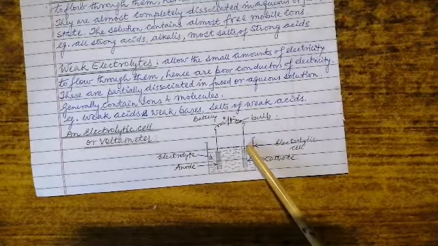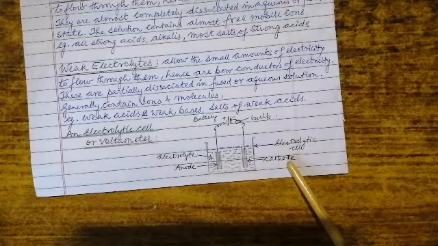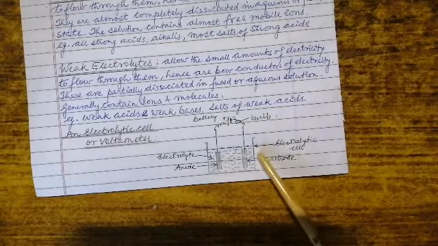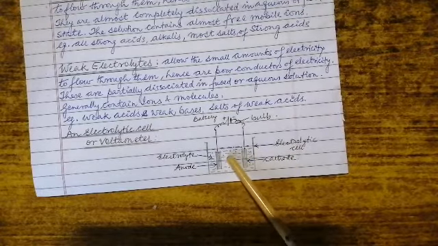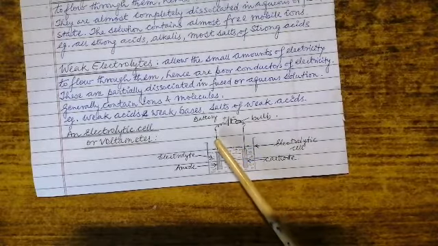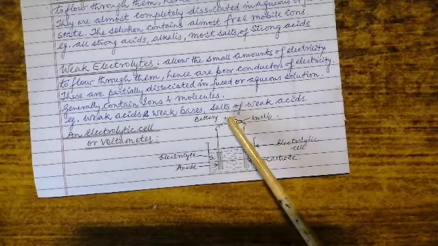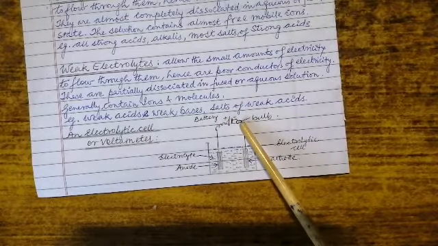And the electrode that is connected to the negative terminal of the battery is called cathode. In the electrolytic cell, you have taken electrolyte. So this is filled with an electrolyte. Is that clear? Now, there's a battery, and a bulb is there just to indicate whether the current is flowing or not.